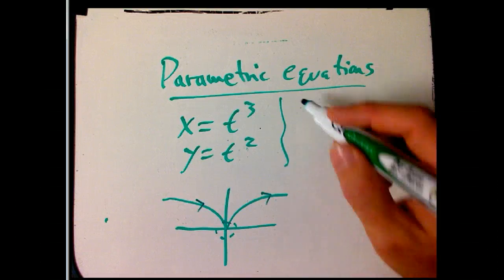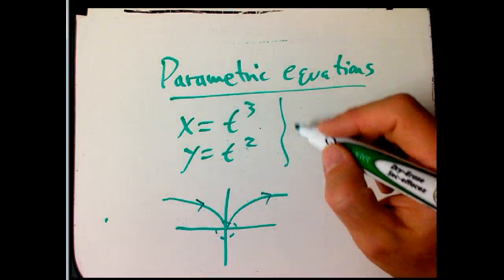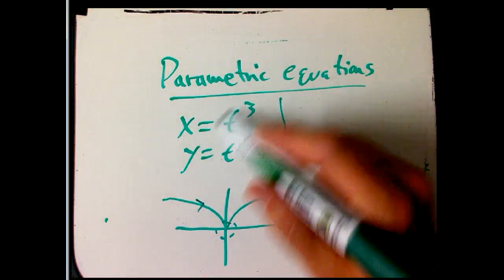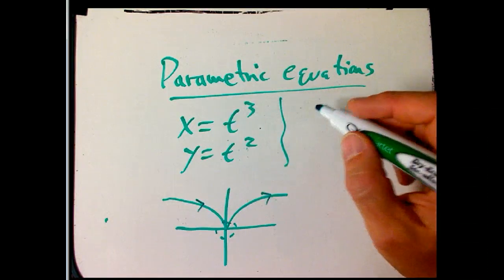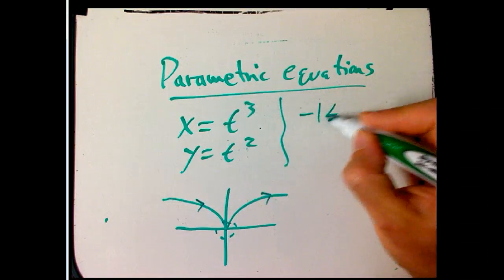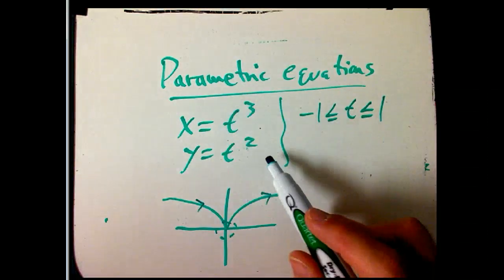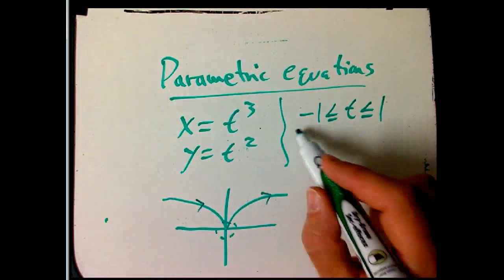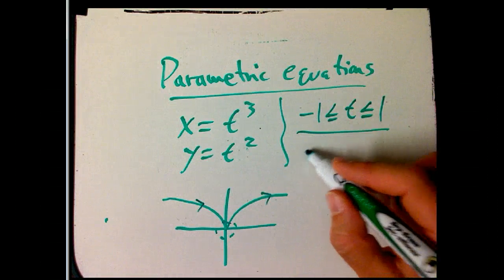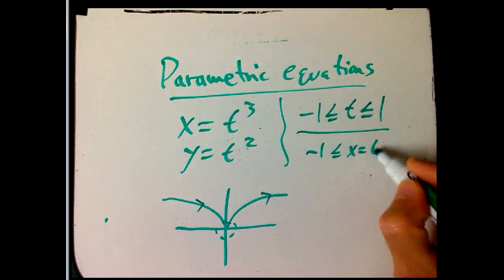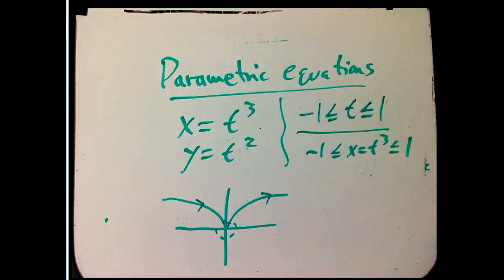And one thing that we do want to think about for parametric equations is the time might not be all real numbers. We might want to explicitly say the bug started when t was -1 and then it ended at time t equals +1. Then we would get a restriction of this curve. This tells us that, for example, x is t cubed, so that's never going to be outside the region -1 to 1.